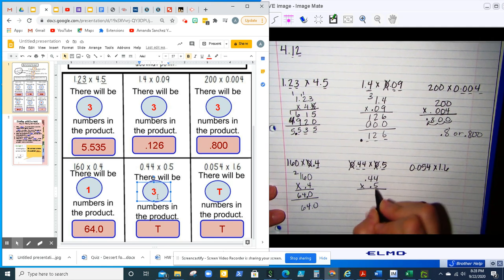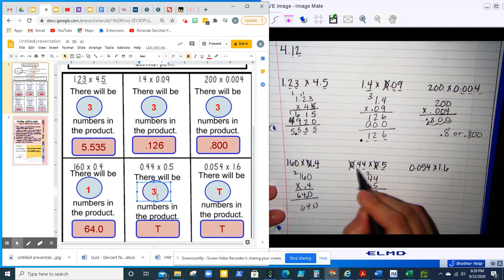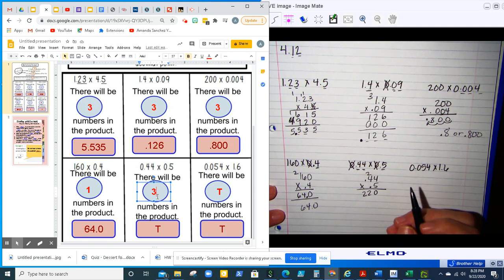So 4 times 5 is 20. 4 times 5 is 20, plus 2 is 22. And now remember, we have 1, 2, 3 values behind our decimal. So 1, 2, 3, your decimal goes right in front of that first 2. So you can either write it as 0.22 or you can write it as 0.220.